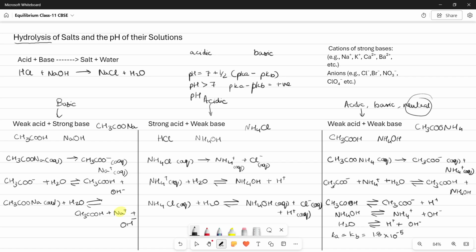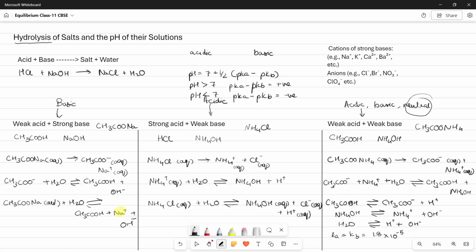In the other case, pH is going to be less than 7 when pKa minus pKb is a negative value. So essentially, in the hydrolysis of salts and the pH of solutions, the strength of the acid and the base determine whether the solution you get is acidic or basic.